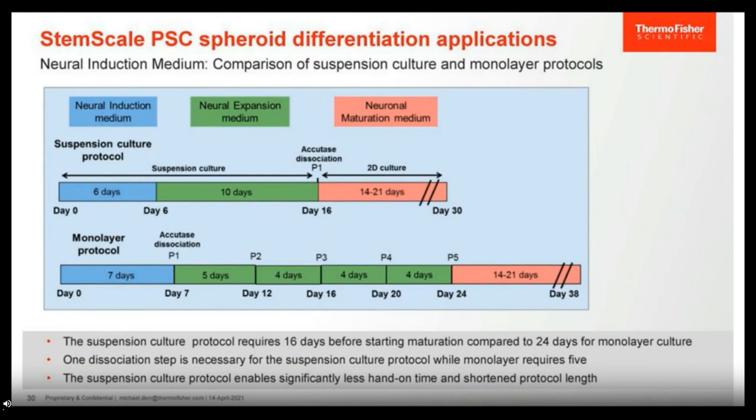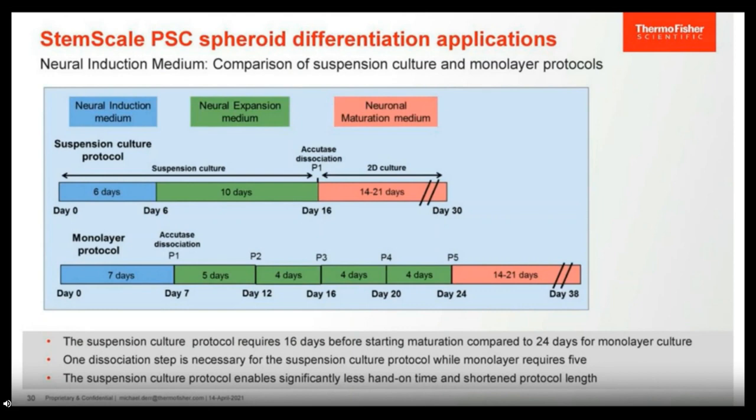Okay, so now comparing the suspension culture differentiation protocol to the monolayer protocol, by first looking at their workflows, we see that the monolayer protocol is significantly longer. We recommend going into neuronal maturation after 24 days compared to 16 days with the suspension culture.